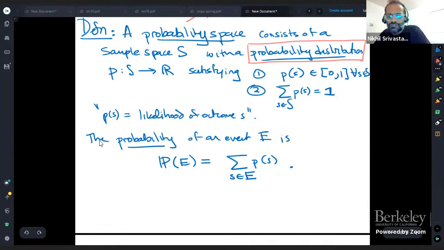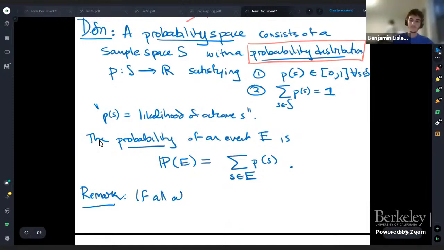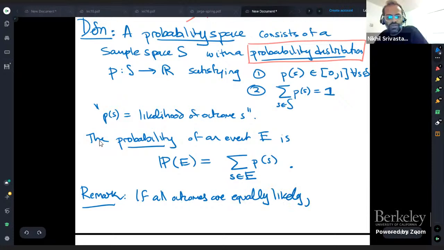And this includes the old example, right? So if I were to write this classical probability as a probability space, what would the probability distribution be? If all outcomes are equally likely, then what would this probability distribution function be equal to?